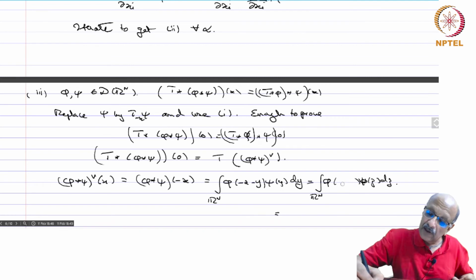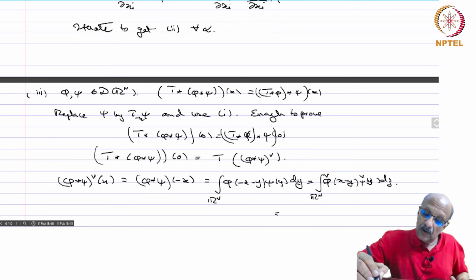Let me write it a little clearer. So this is equal to minus x plus y, psi chesh of y, and I can write this as phi chesh of y minus x. x minus y, x minus y. So I will write this as phi chesh of x minus y.